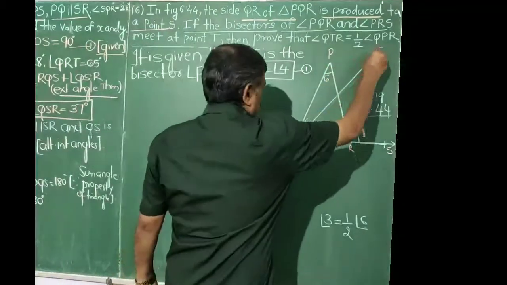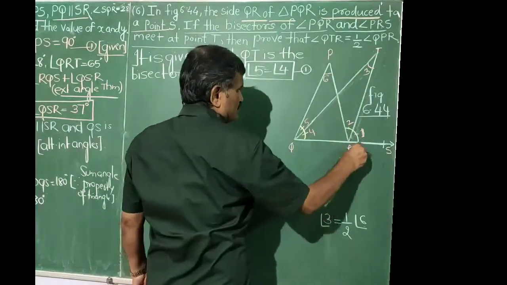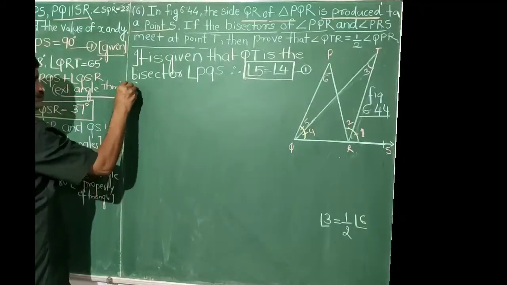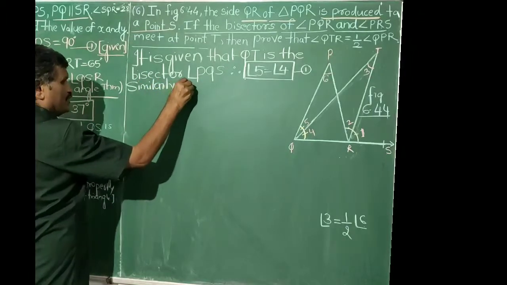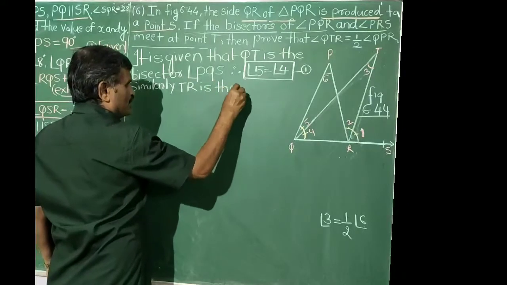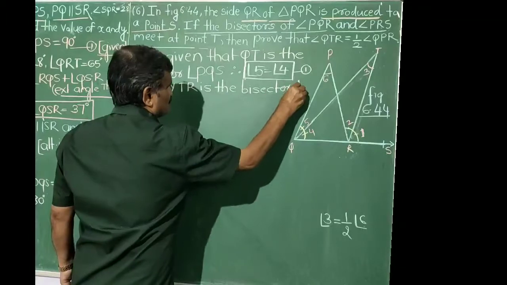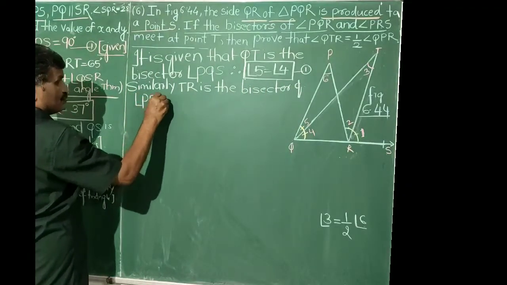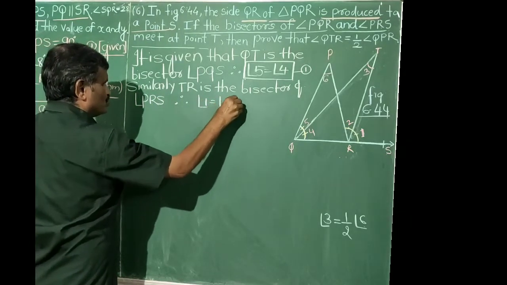Similarly, this is also a bisector. TR is the bisector of angle PRS. So angle 1 equal to angle 2. Therefore angle 1 equal to angle 2.